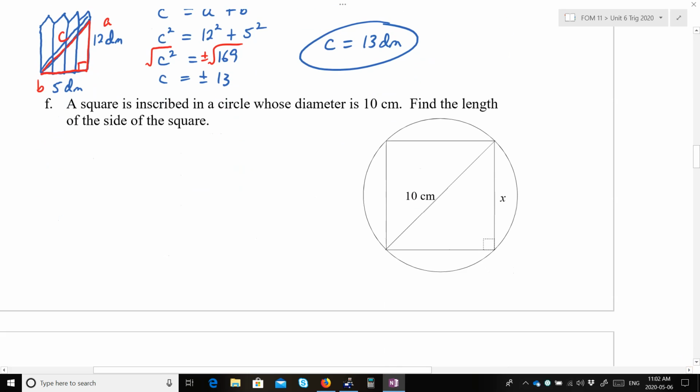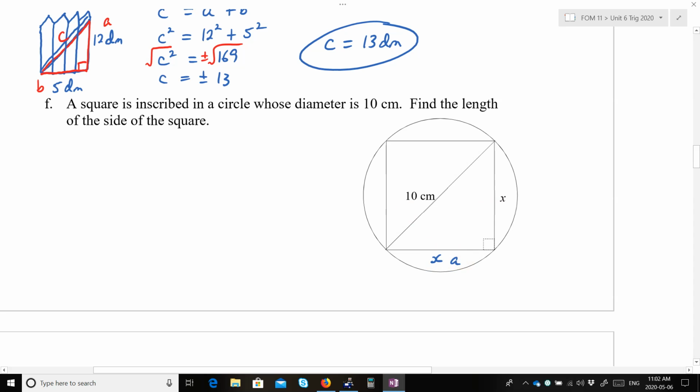Alright, how about letter F? A square is inscribed in a circle whose diameter is 10 centimeters. Find the length of the side of the square. Okay, so since it's a square, all 4 sides are equal in length, so this would be x as well.